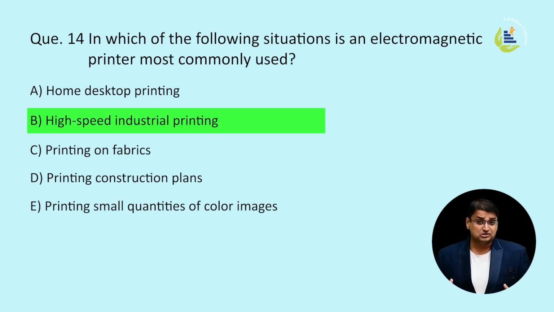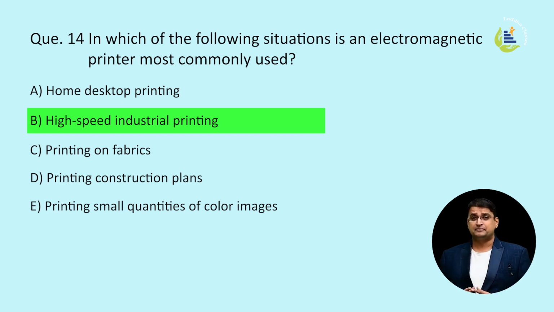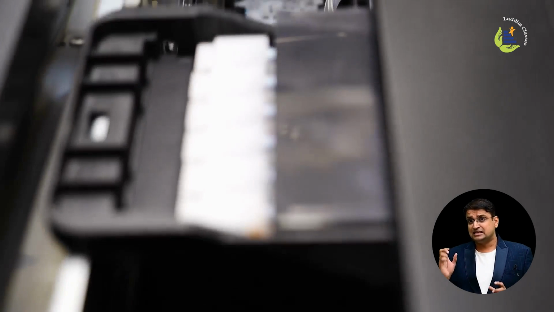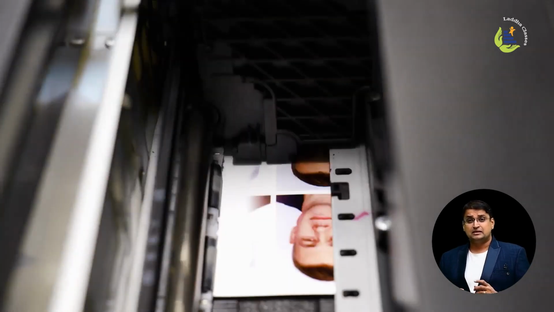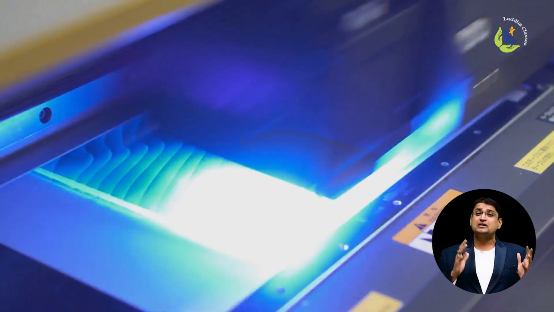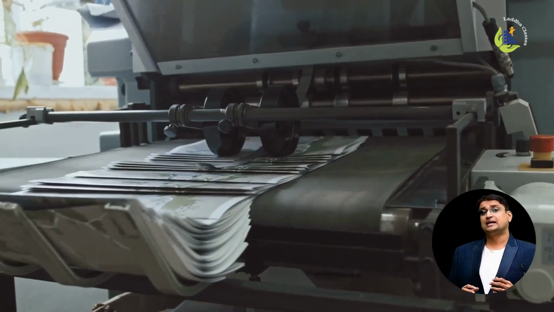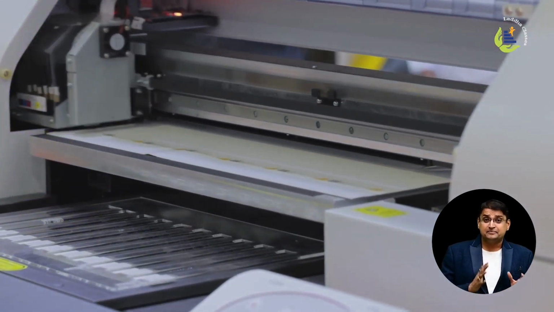Correct answer option is B, high-speed industrial printing. Because electromagnetic printers, including those used in industrial applications, are designed for high-speed, high-volume printing. Electromagnetic printers are not typically used in home desktop printing, fabric printing, construction plan printing, or small quantity color printing.